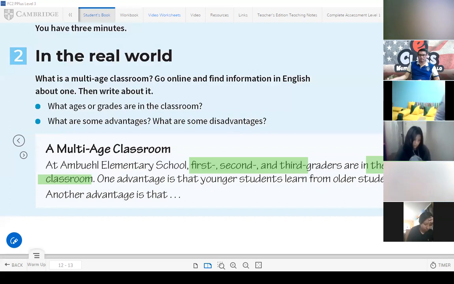Nobody? A ver, let's see. Dolores, tell me an advantage. ¿Cuál será un advantage? What did you find? ¿Qué encontraste? A ver, an advantage.